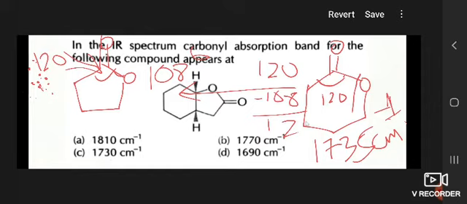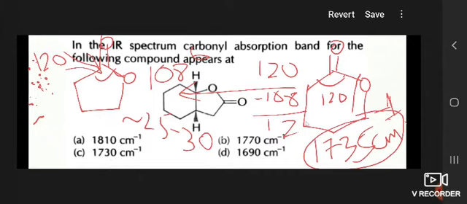Now you have to remember that as the ring size decreases by one carbon, the IR stretching frequency increases by 25 to 30 units. Now if we consider the IR stretching frequency for the carbonyl of an acyclic ester or 6-membered cyclic ester, it comes to be 1735 cm⁻¹.